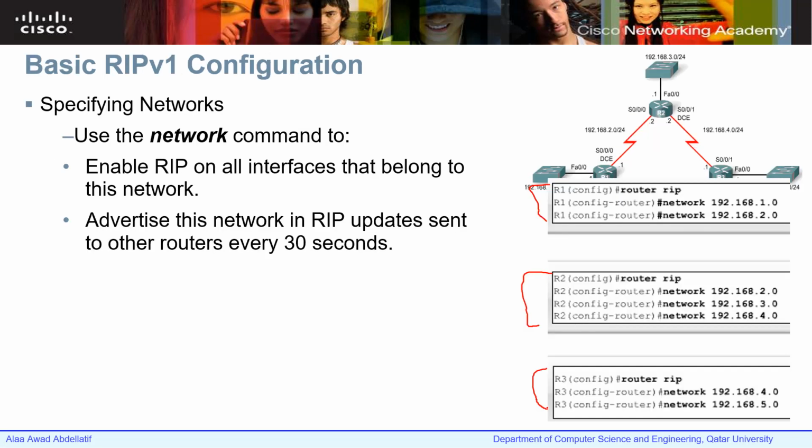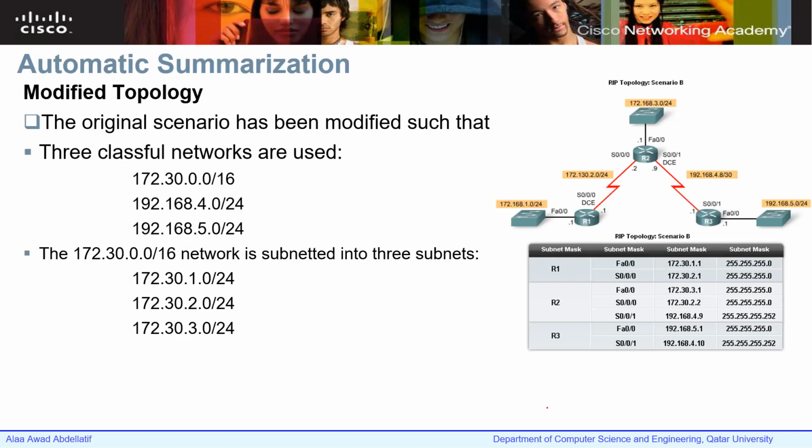Now, when does a problem happen, and what is automatic summarization and what are its benefits? If we now have a modified topology, what will we modify here? We will keep this subnet or ID address the same, and this belongs to class C, but I will add another IP address here.